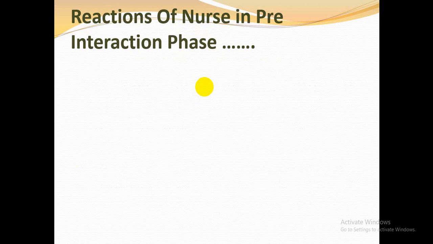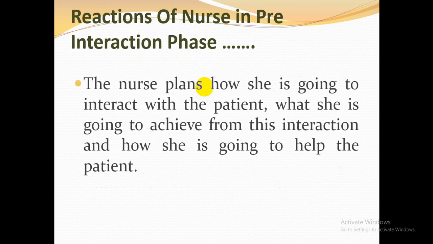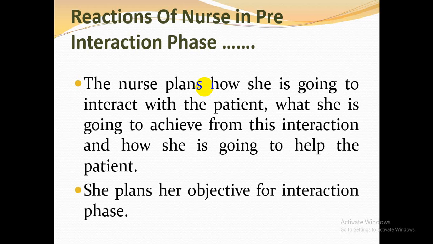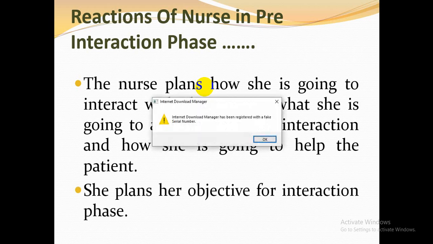The nurse plans how she is going to interact with the patient, what she is going to achieve from this interaction, and how she is going to help the patient. She plans her objectives for the interaction phase.